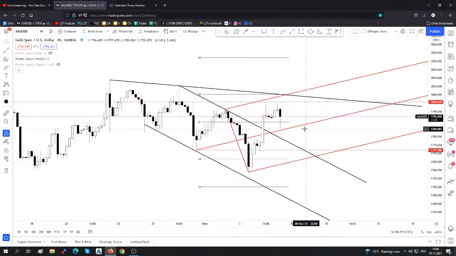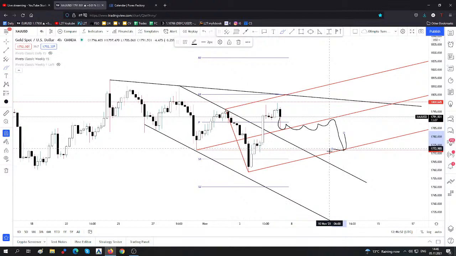And I believe that dropping and stabilizing below the pivot point, and also below the medium line of the ascending pitchfork, will invalidate potential further growth and could bring us new short opportunities.